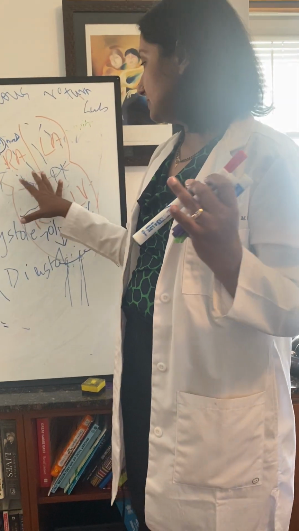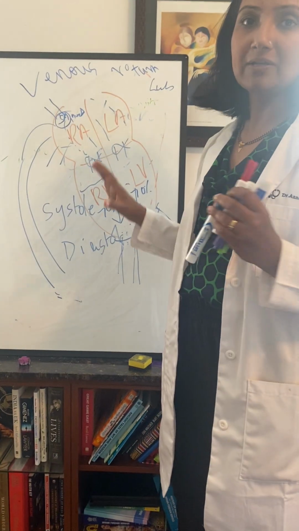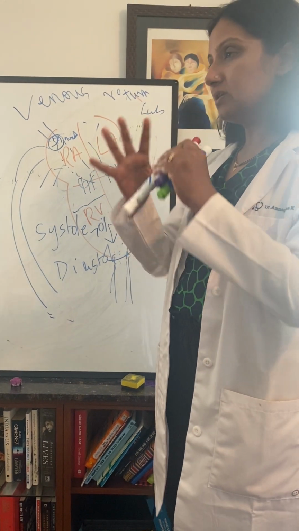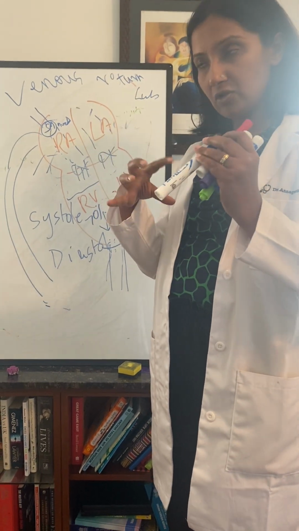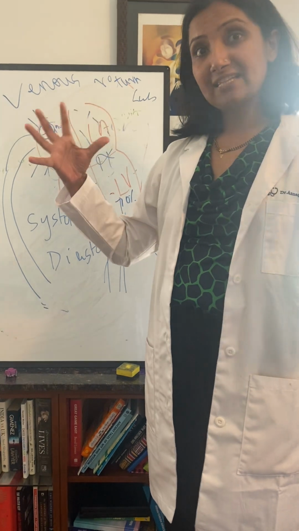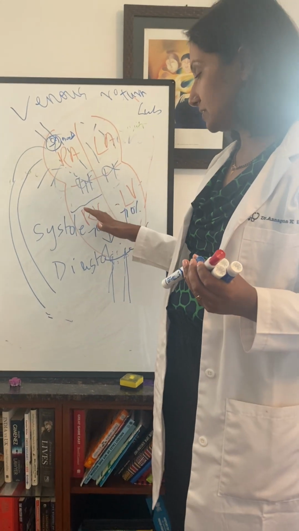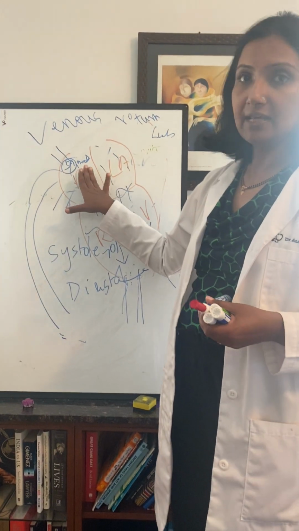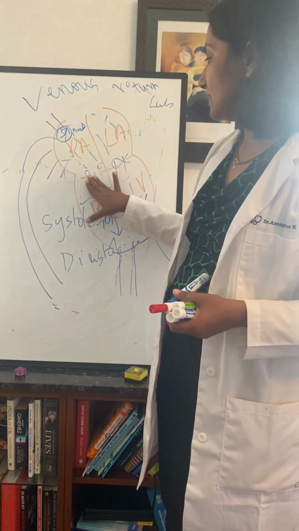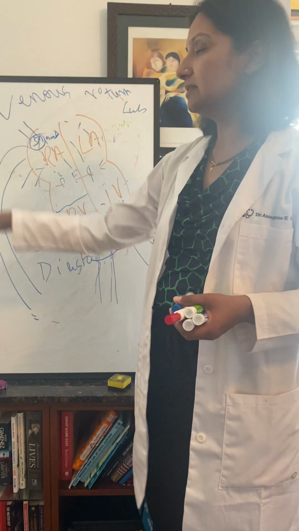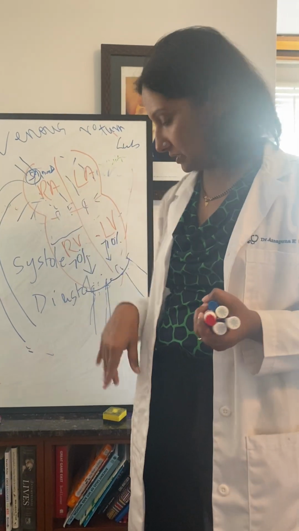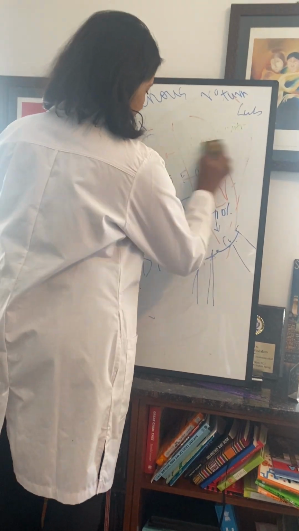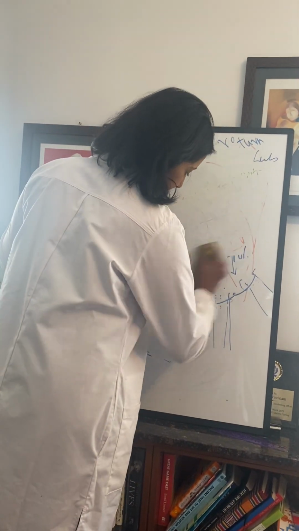In a closed chamber, the walls are expanding, so the pressure drops. And when the pressure drops below that of the atria, the atrioventricular valves open again and the cycle continues. There are a few terms and durations which I will talk about in detail.